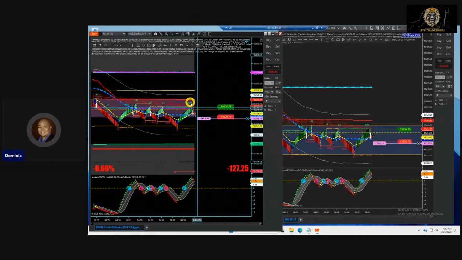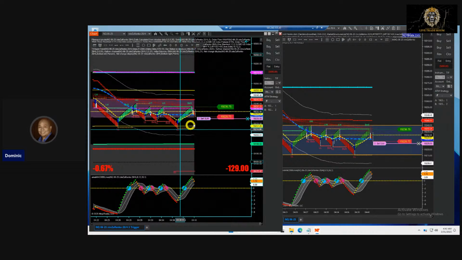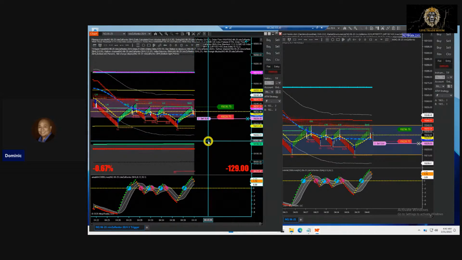So if they create a reversal, complete this reversal, now we have a higher low again, and we're actually going to have a higher high. But you can see they're not really following through.